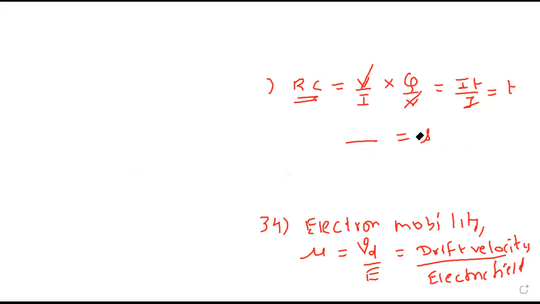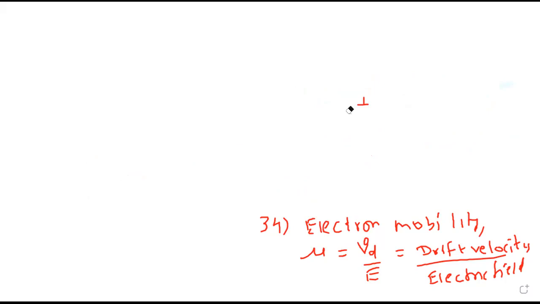Electric field is voltage upon distance, and also force upon charge. This we will study in the chapter called electrostatics. So the unit for velocity is meter per second, and for electric field it is voltage per meter.